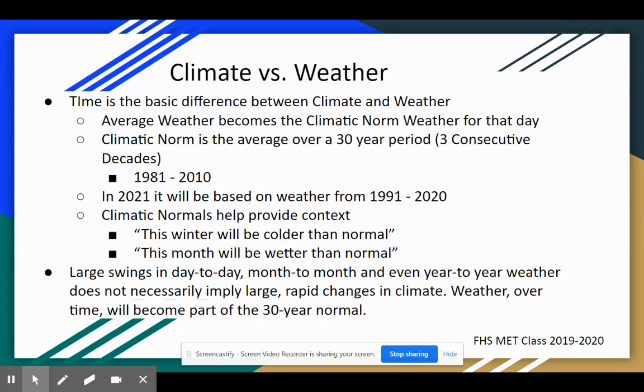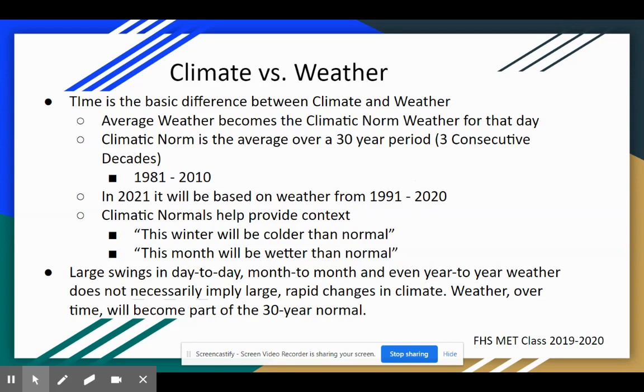When we talk about climatic normals, and we've looked at 500 millibar charts in this class, when we look at departure from normal, we can make predictions based on winters being colder than normal, or this month will be wetter than normal based on model predictions.